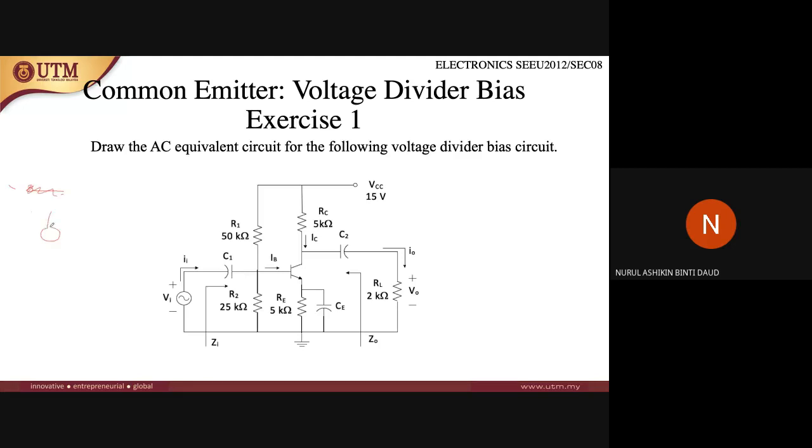This is the AI, and then this will be the parallel connection of R1 and R2, and then this is the RE.